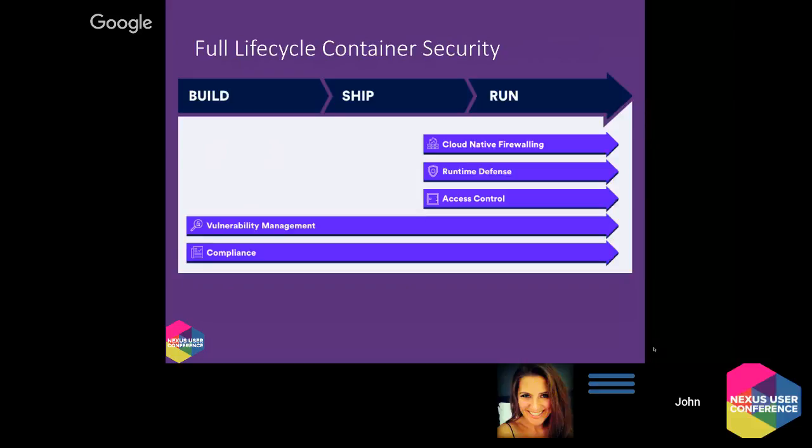So in addition to the vulnerability management and compliance pieces that are directly applicable upstream and in the entirety of the CI/CD flow, you may also have a need for things like firewalling and microsegmentation of the applications after they've been deployed, and runtime defense, which is basically an active threat protection capability to look for anomalies within the application, again based on that model that we can create because of the declarative and minimal nature of those images in the first place.